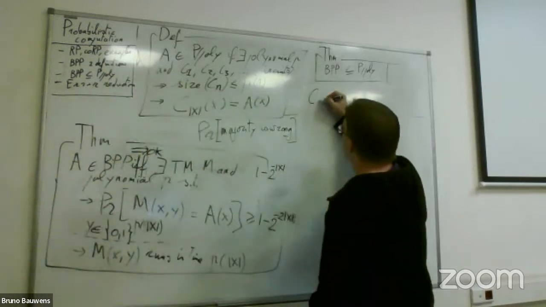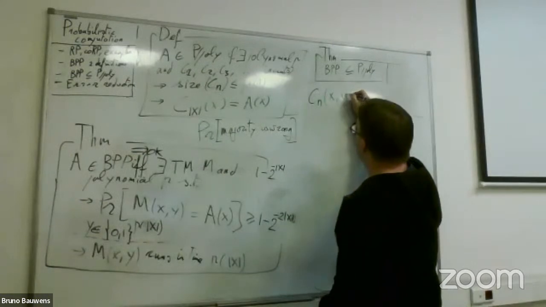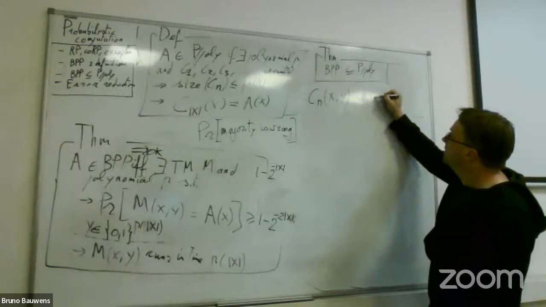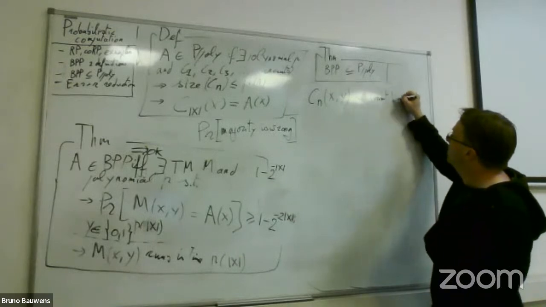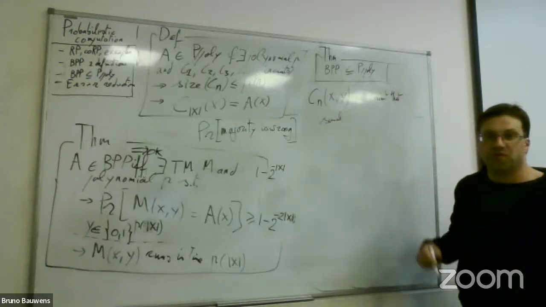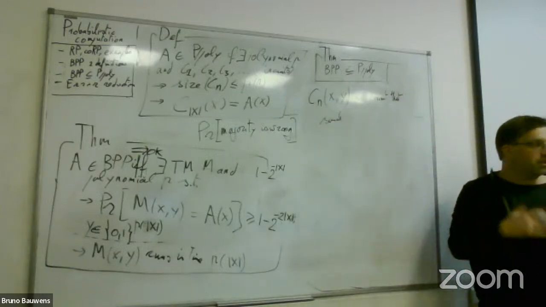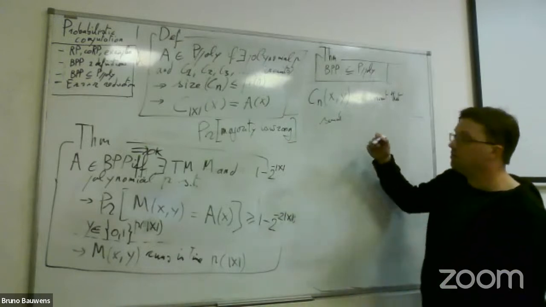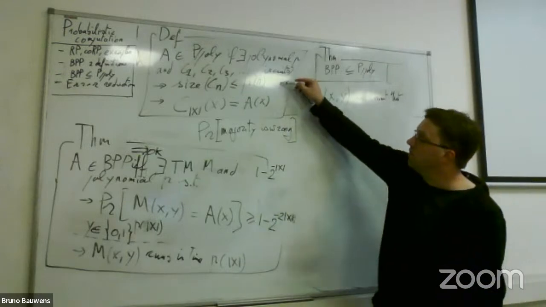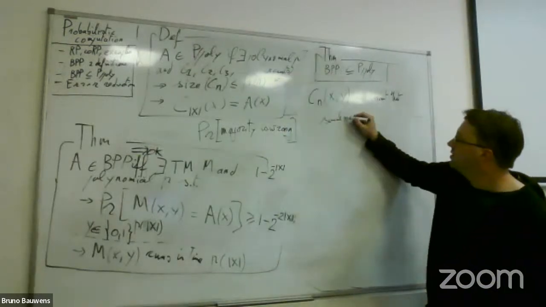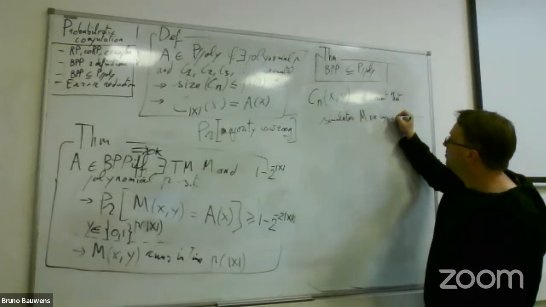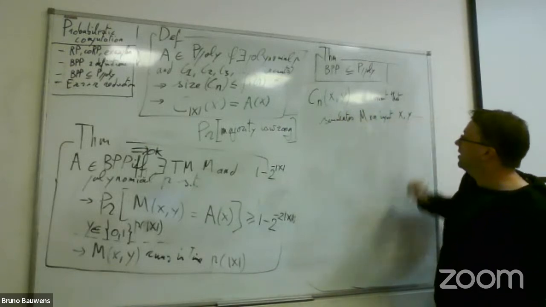So we build C_n(x, y), a circuit that simulates M. When we proved the Cook-Levin theorem, we explained we can build circuits that simulate polynomial time computation and their size is polynomial. So that's for this first condition. It simulates M on input x, y.